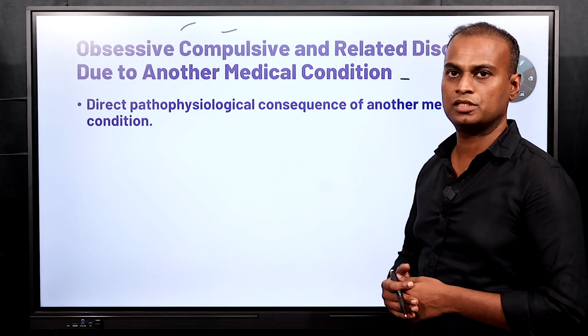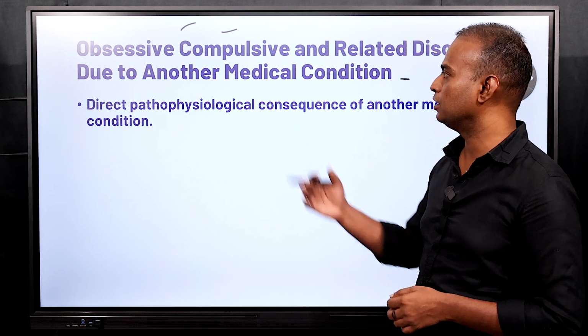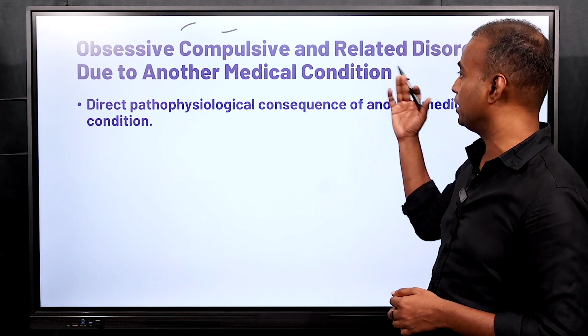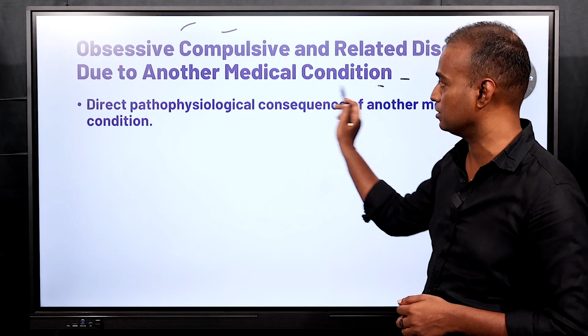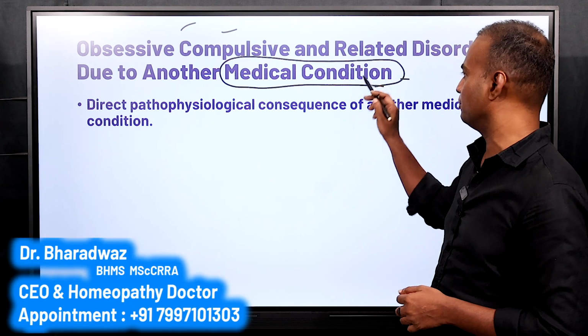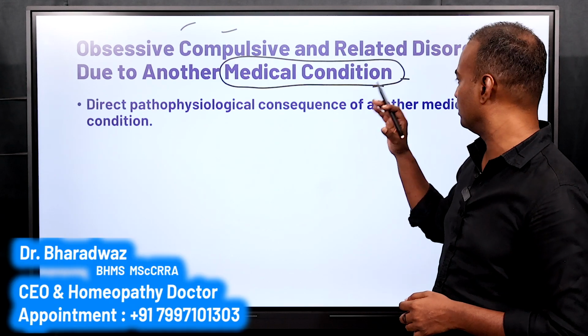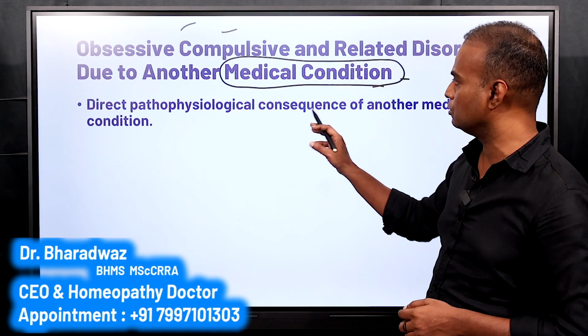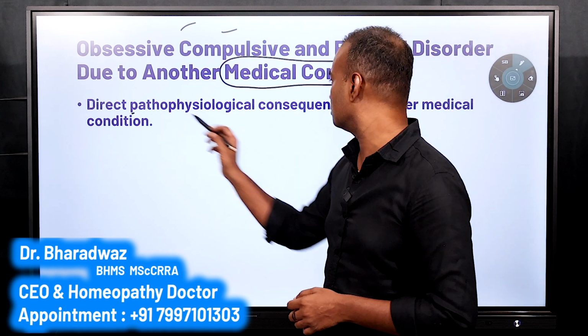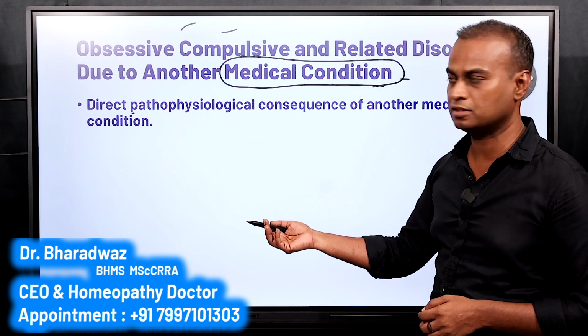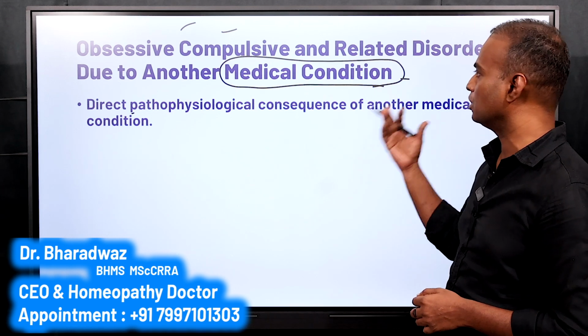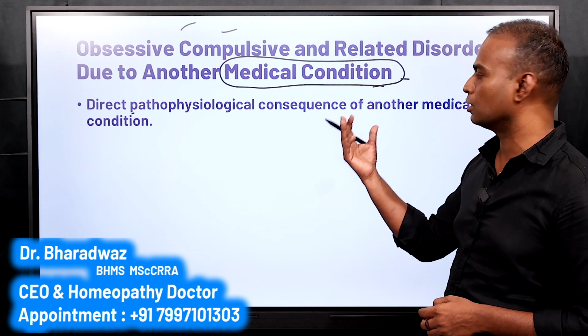They can induce these obsessions and compulsions. Then it is known as obsessive compulsive and related disorders due to another medical condition. When the condition is the direct pathophysiological consequence of another medical condition, that is known as obsessive compulsive and related disorders due to another medical condition.